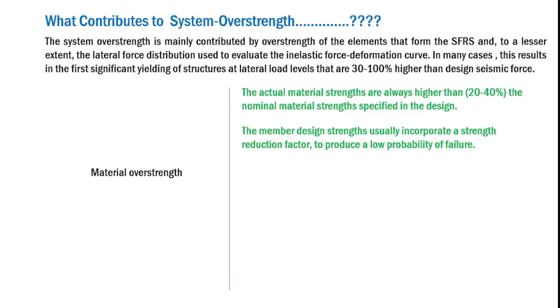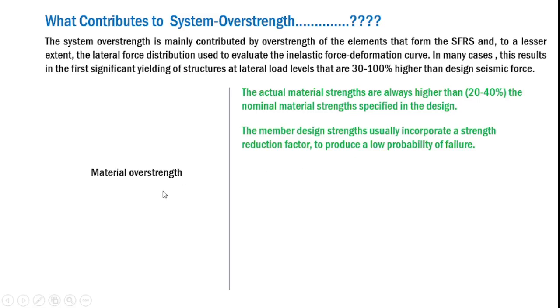Similarly, when we talk about the reinforcement steel, we say that the yield strength of the steel is 415, but if you actually measure it, instead of 415, it could be 440. Thus, the actual material strengths are always higher than the nominal strength specified in the code.